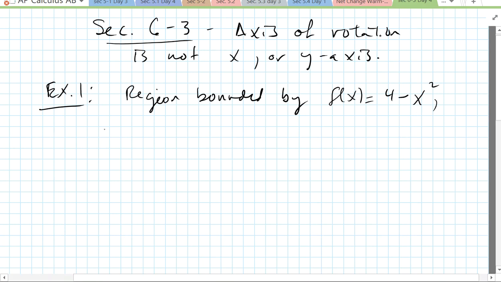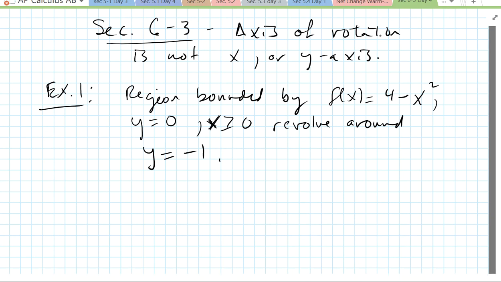That's really easy. None of these shapes are very difficult. We really like parabolas. Y equals 0, x is greater than or equal to 0, and revolve around y equals -1. Did I pick something besides the x-axis and the y-axis to revolve around?